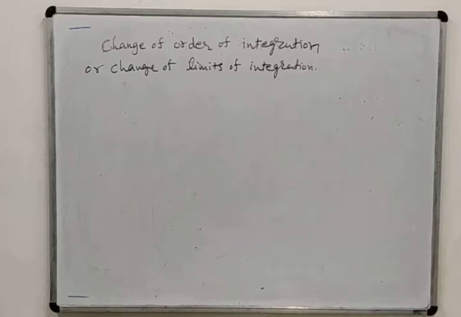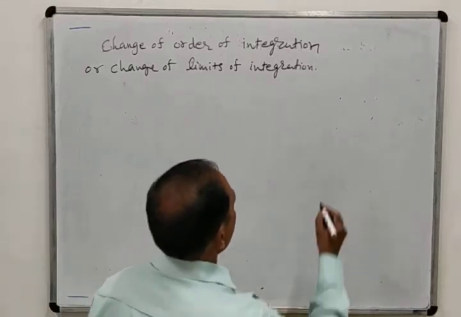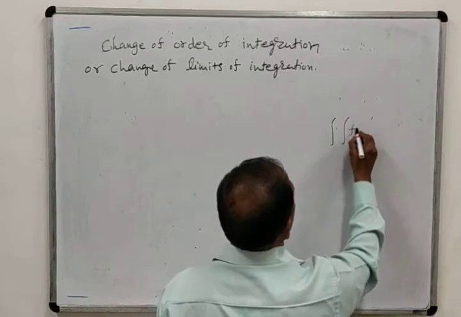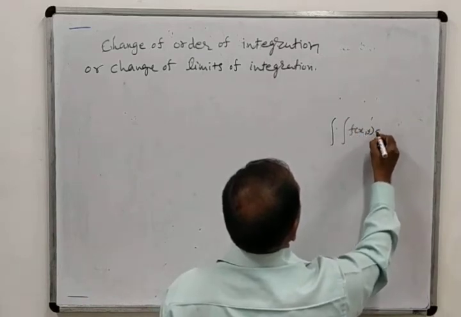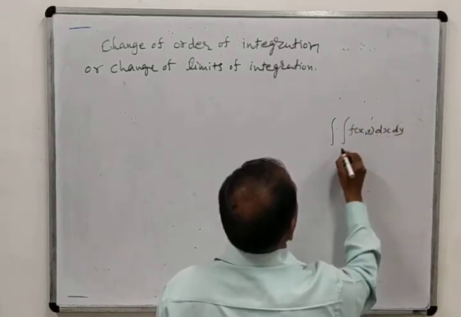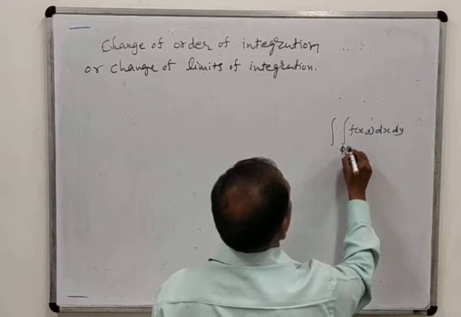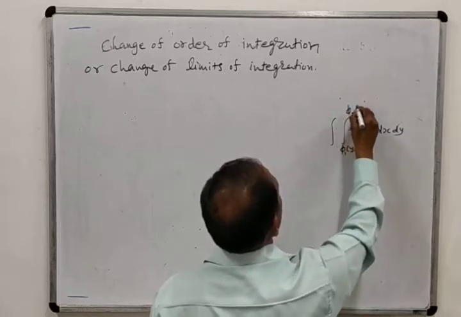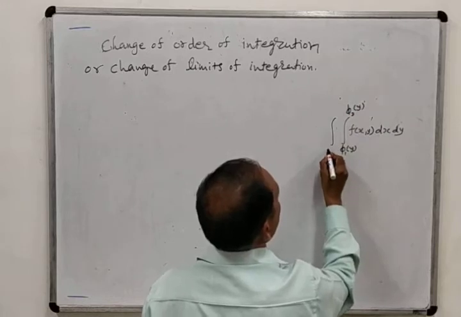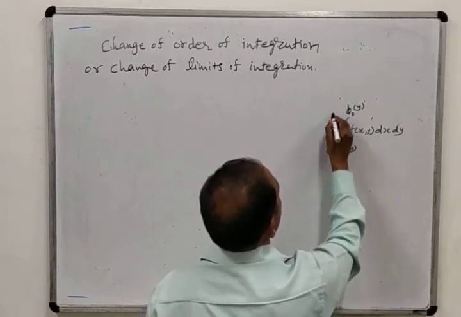What do we have to do? Suppose we are given the integral of f of x y dx dy, where these are the limits of x, that is phi 1 y to phi 2 y, and these are the limits of y, suppose c to d.